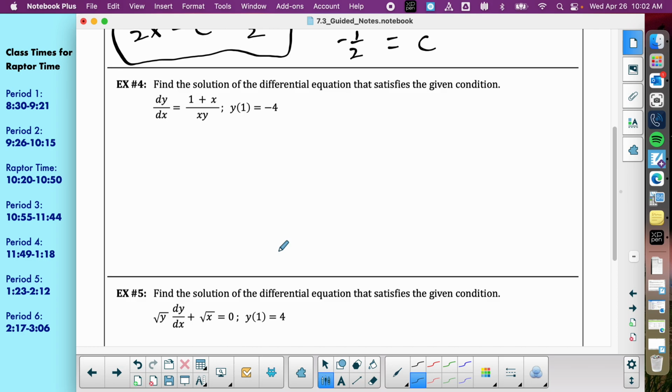Don't worry about the y1 equals negative 4 until you're done. Oh, we're doing 15? Actually, that'll work out perfect.